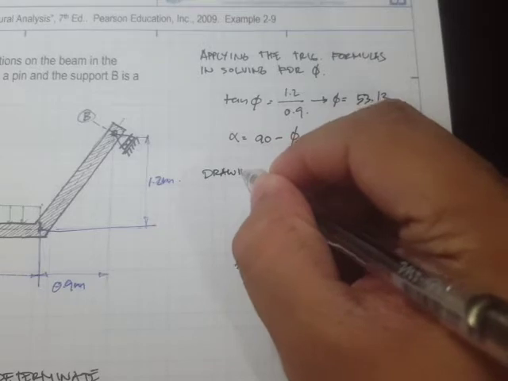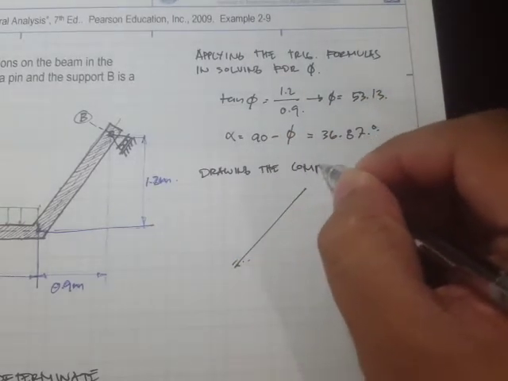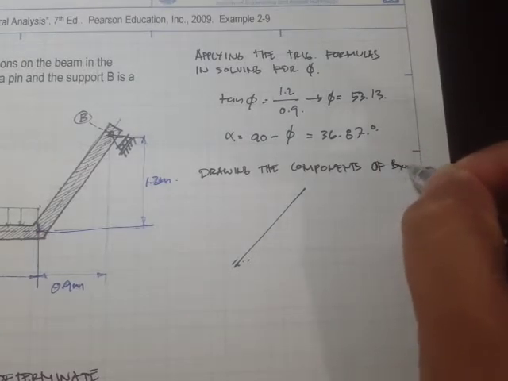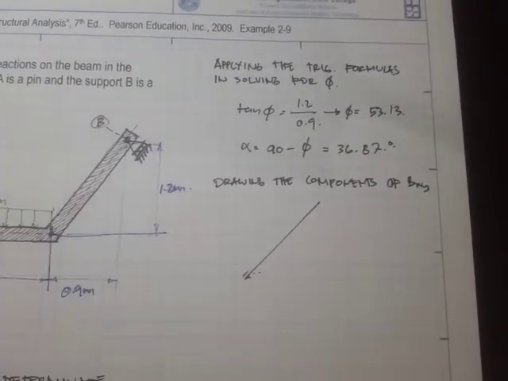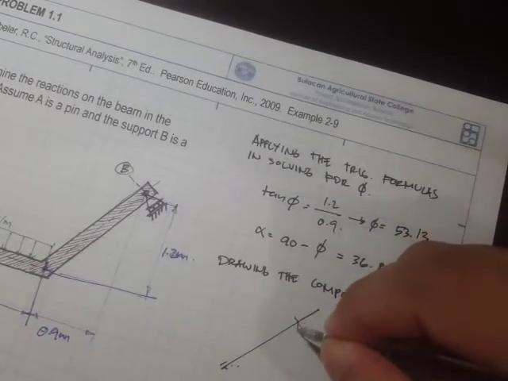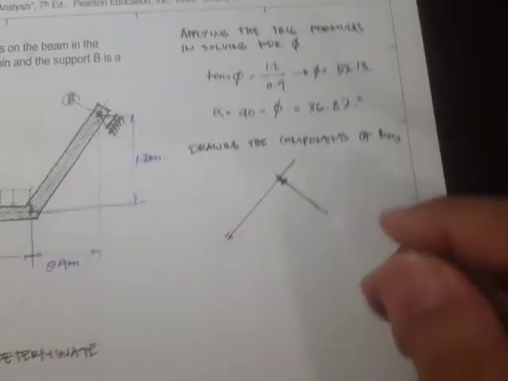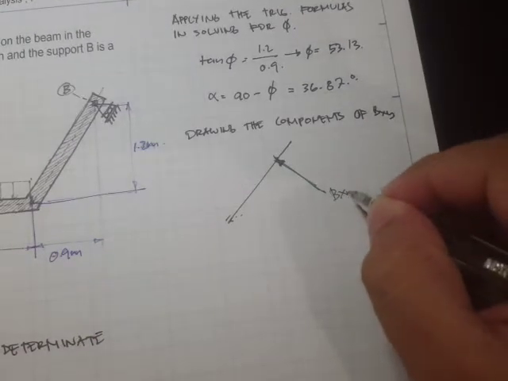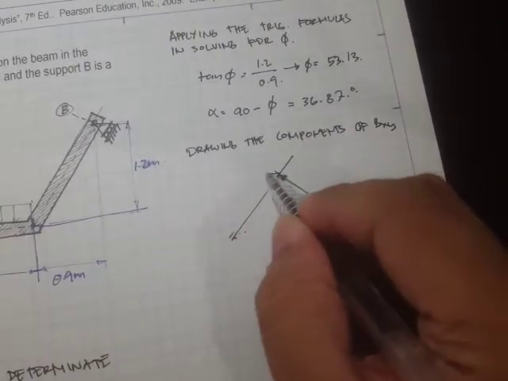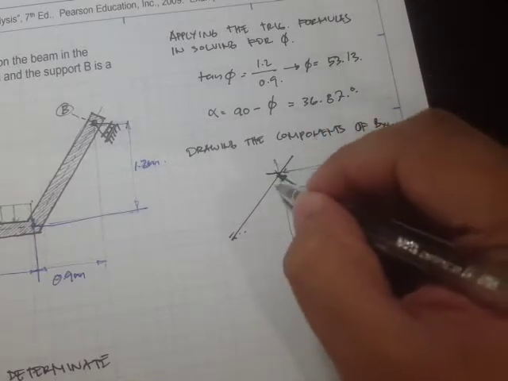So, drawing the components of BXY, this is our BXY, and of course the components will be along X and along Y.